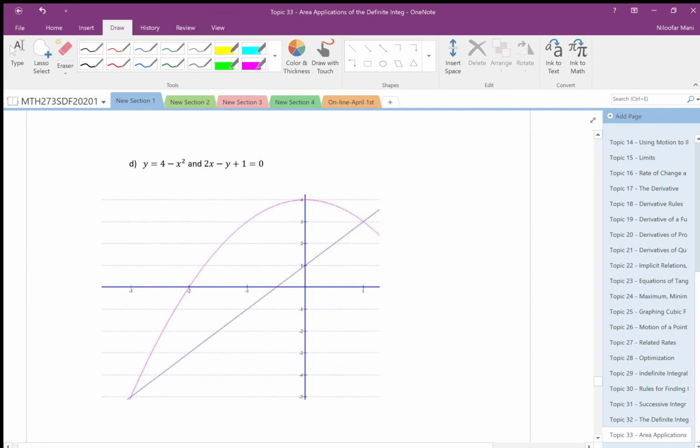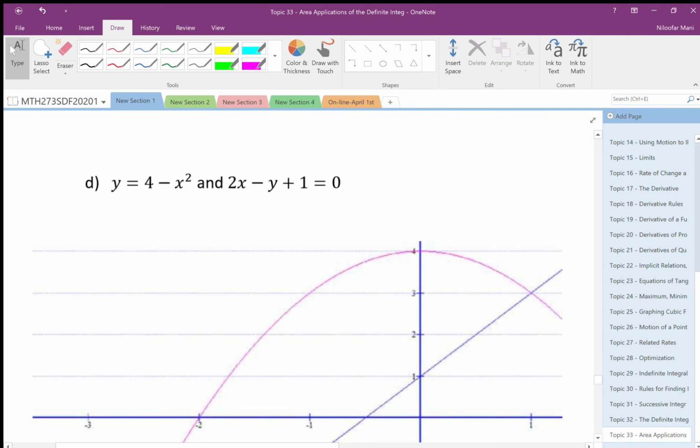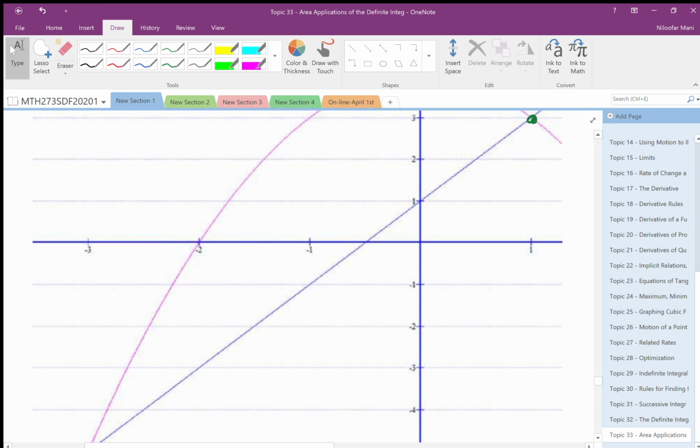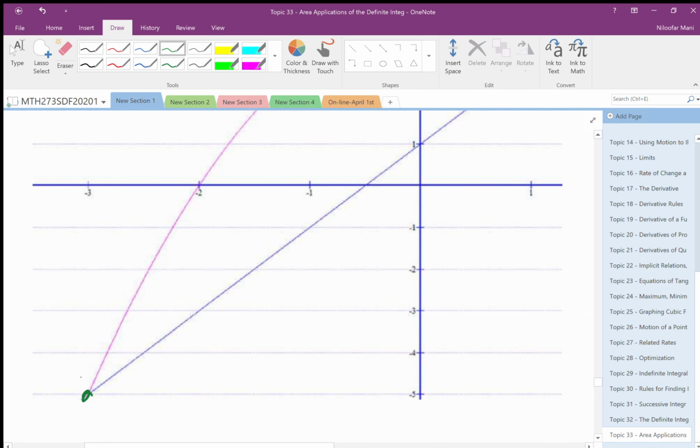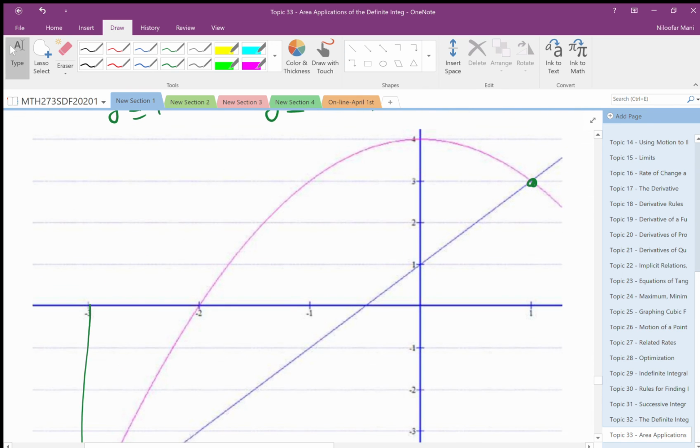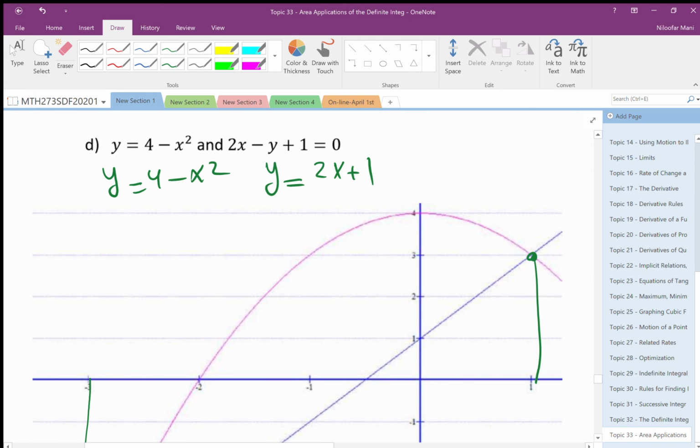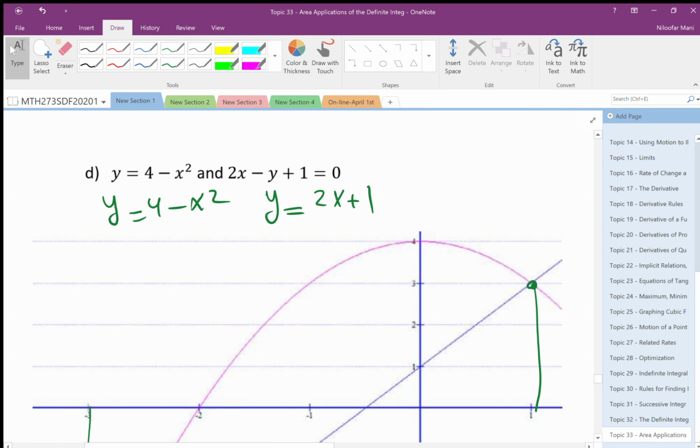So here, the same. You have y equal 2x plus 1, and here you have y equal 4 minus x squared. You have to find this point. How do you find it? Here I know what the point is because I can look at the picture, but how can I find it? I can put them equal. So I do 4 minus x squared equal 2x plus 1.